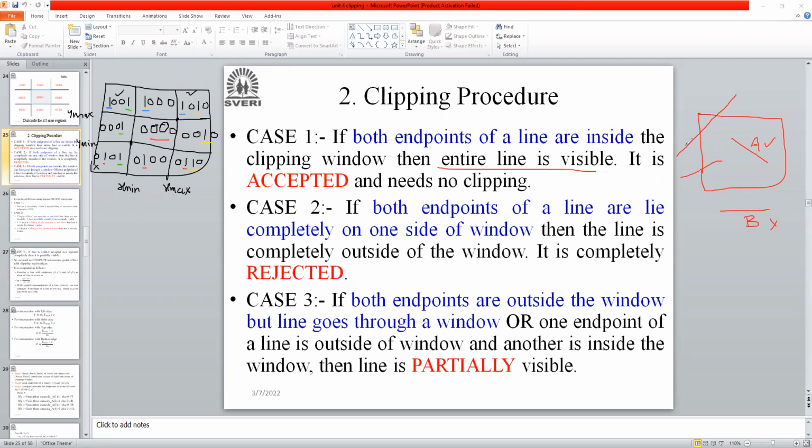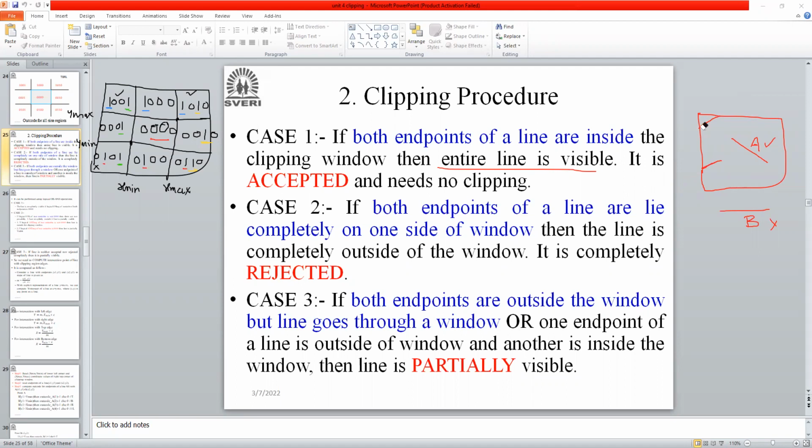But when the line is partially visible, when some portion is inside and some portion of the line is outside, then only we require the clipping method, so that we eliminate the portion which is outside and keep only this much portion visible. Similarly, for this line also, we keep this portion visible and the remaining portion we have to cut.